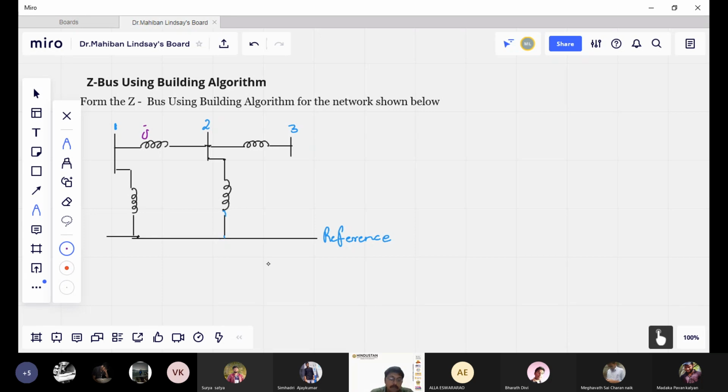This one is j0.25, here it is given as j0.05, here it is given as j1.0, and here it is j1.25. Right? So four impedances are there, and three buses are there.